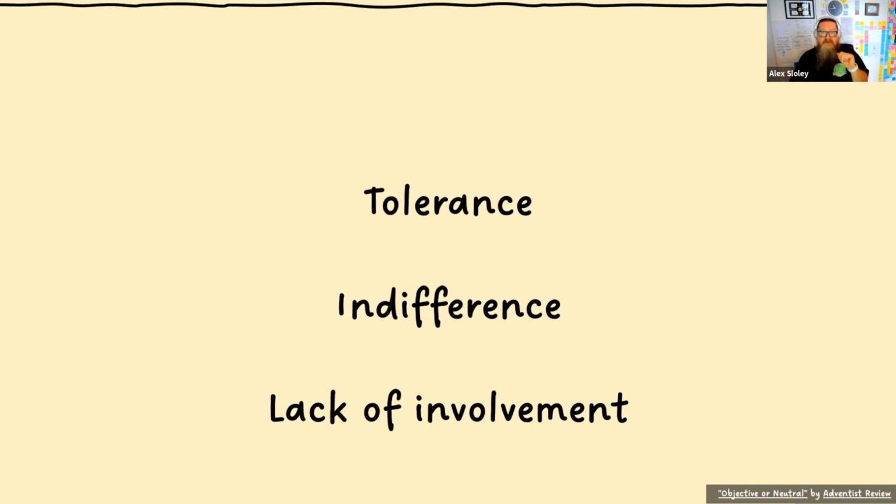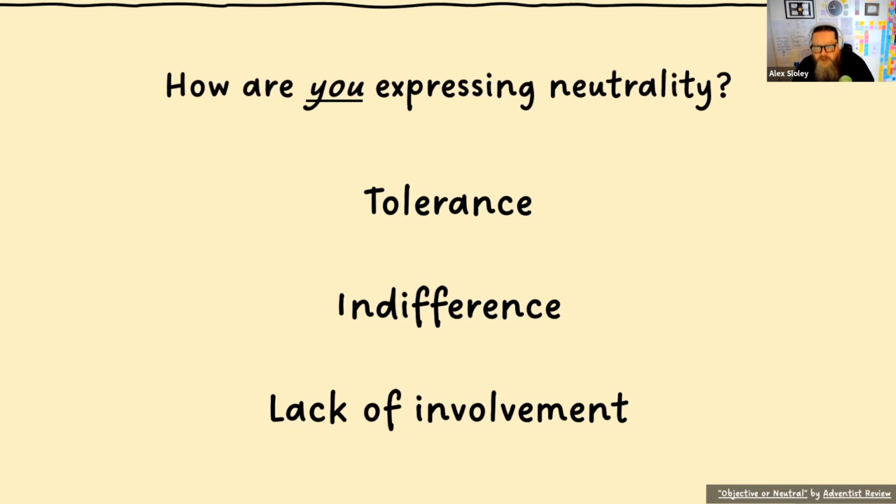Because when we talk about ZFG, although you can have neutrality, what you're actually seeking to achieve is something else. And we'll talk about that in a second, because I know you know what's coming. Us coaches just can't seem to stop asking questions. How are you expressing neutrality in your job, talking to people, stuff like that?